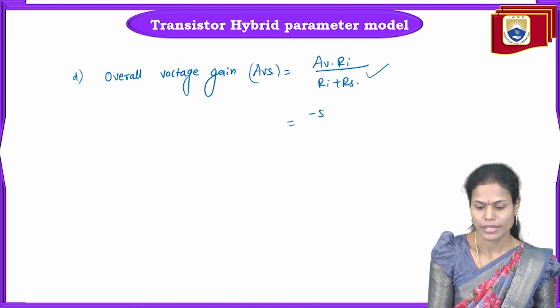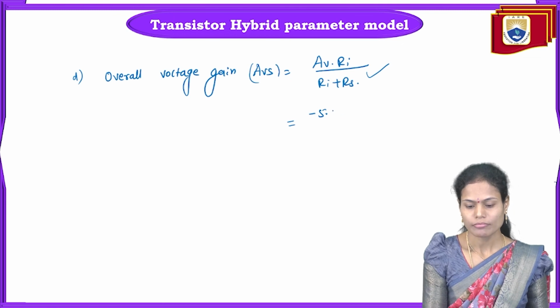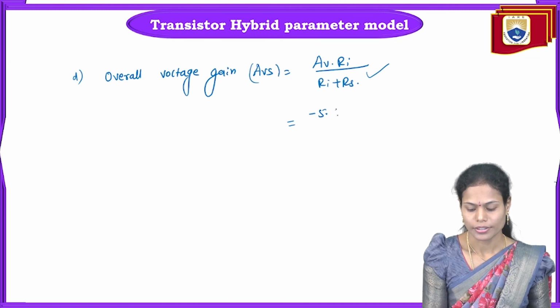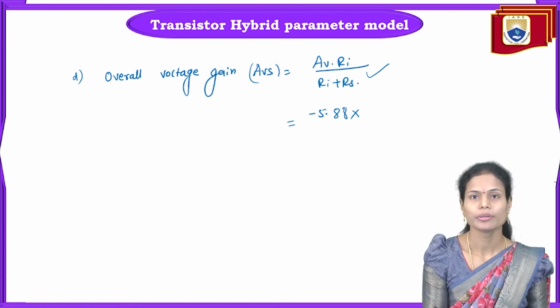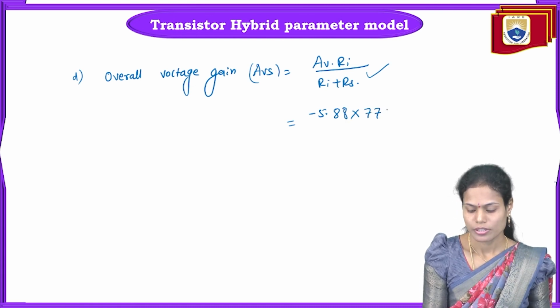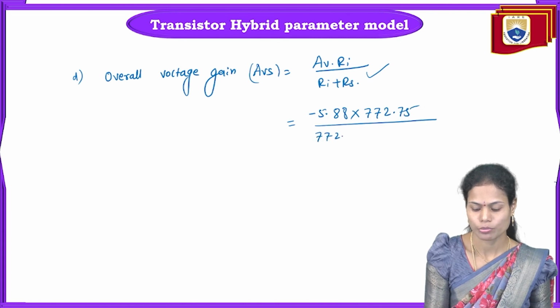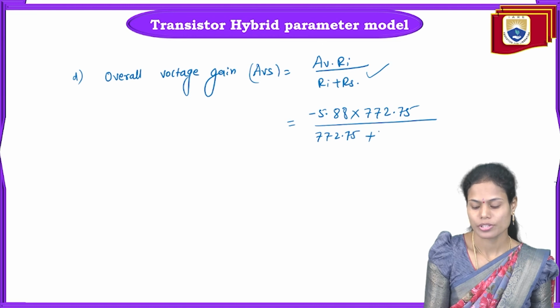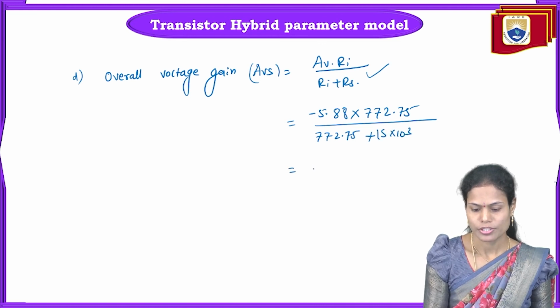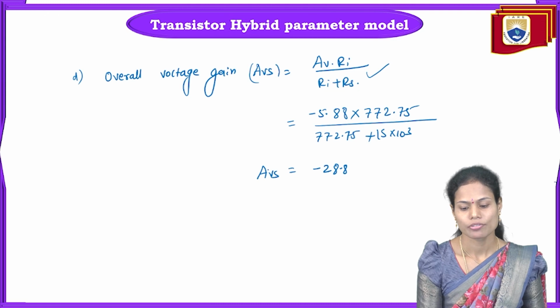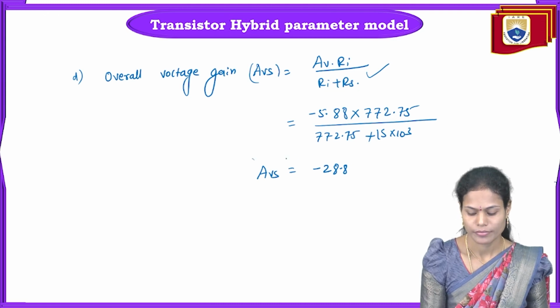So AV is minus 28.8 into input resistance 772.75, divided by 772.75 plus source resistance 15 kilo ohms. So AVS is minus 5.88.